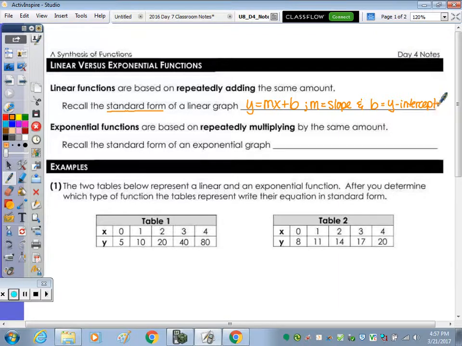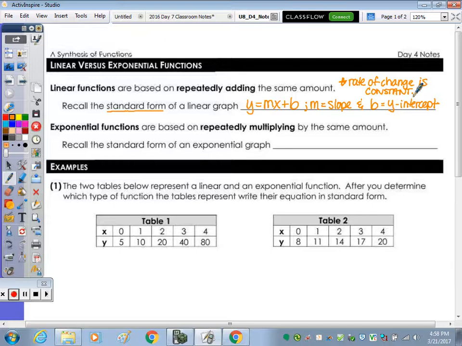and b is the y-intercept. The whole idea of repeatedly adding the same amount means your rate of change, or slope, is constant. Okay? Exponential functions are based on repeatedly multiplying by the same amount.